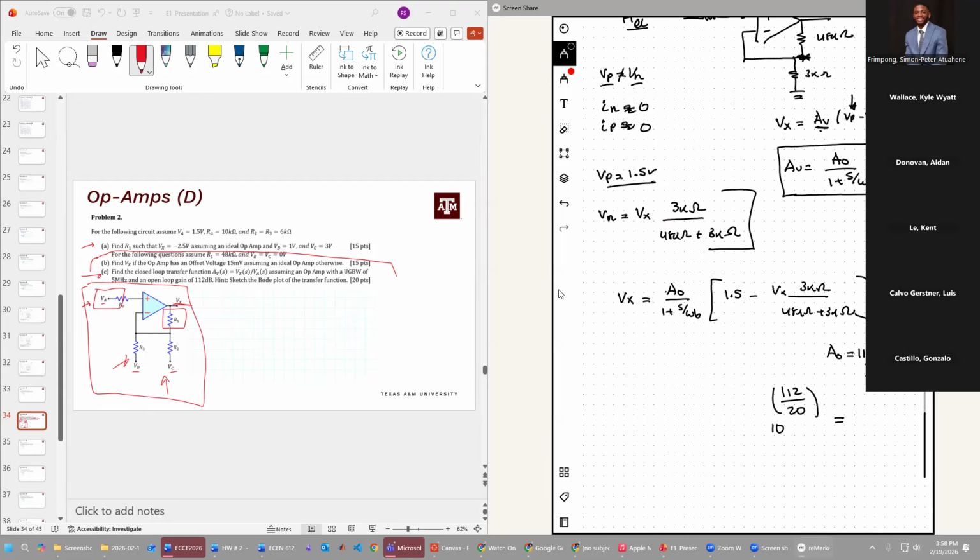Tell me what it's going to be. 400,000 volts per volt. Okay.